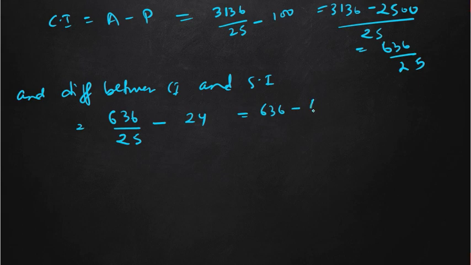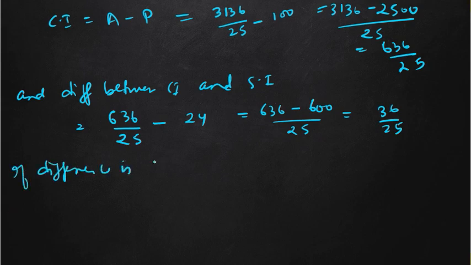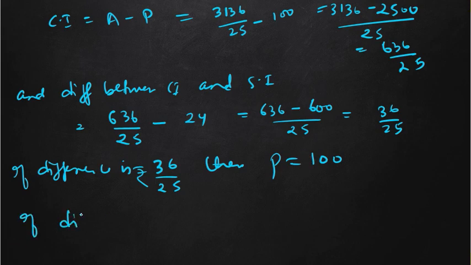So if we subtract, 636 minus 24 into 25, this is 36 divided by 25. That means that if the difference is 36 by 25 rupees, then the principal is 100.